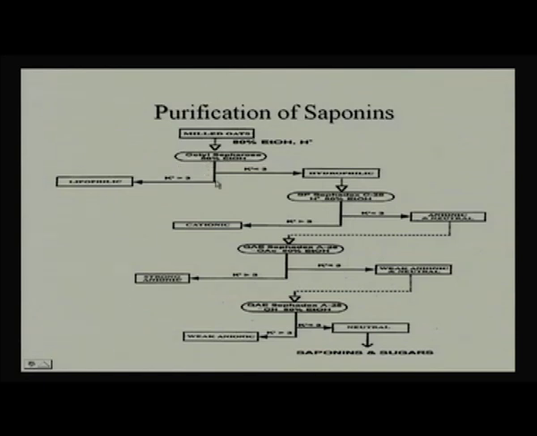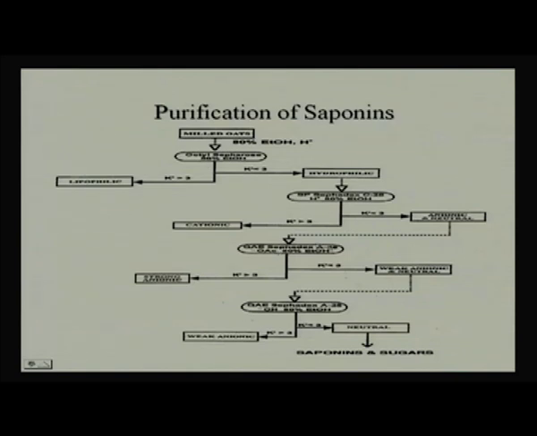We separate the lipophilic fraction from the hydrophilic fraction, and then we go for another Sephadex column with 50% ethanol, and we again separate the cationic and anionic from the neutral fraction, followed by QAE ion exchange chromatographic techniques.